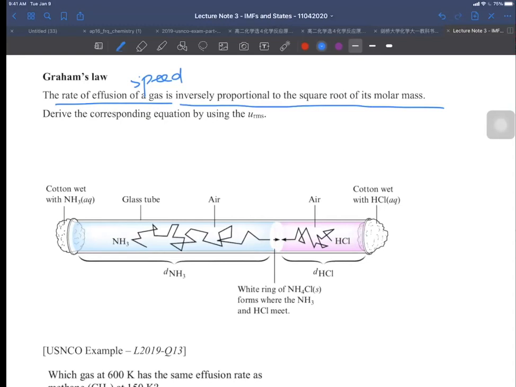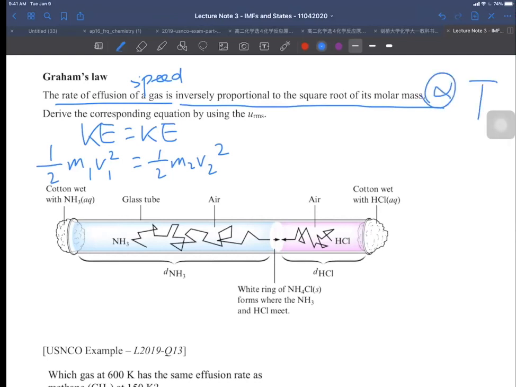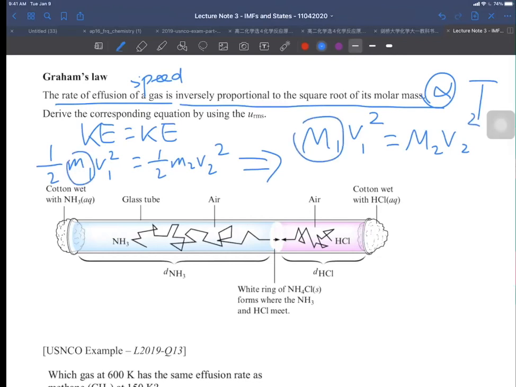How can we get this? KE equals KE. So 1/2 m1 v1 squared equals 1/2 m2 v2 squared. Oh, they are at the same temperature, okay? Definitely at the same temperature. So this is why they have the same kinetic energy. So now we can say m1 times v1 squared equals m2 times v2 squared, because the mass is proportional to the molar mass, right?